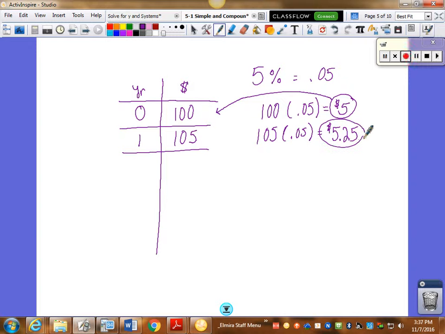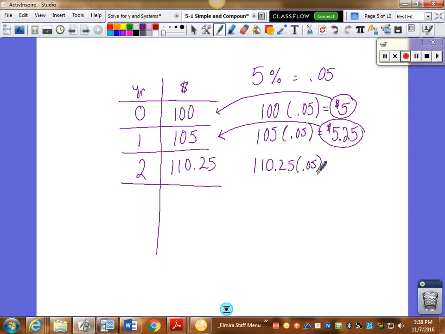So now I made more interest this time. It's not just $5, I've made 25 cents more than that, which I add on to this. So 2 years, that would be $110.25. Okay, so now I have even more money that I'm going to get 5% for. So 110.25 times 0.05.